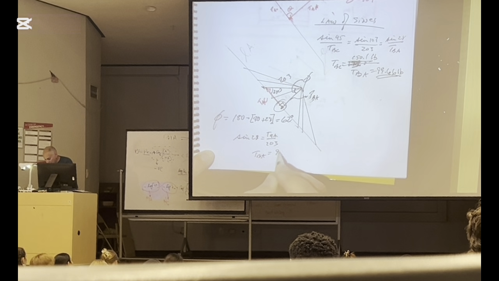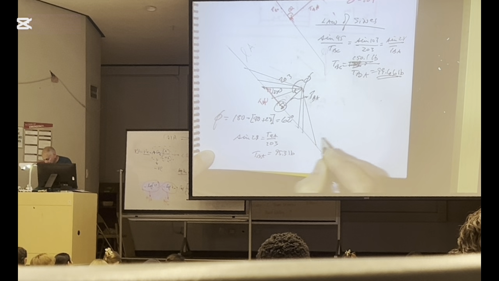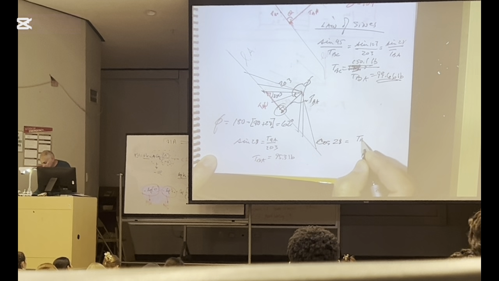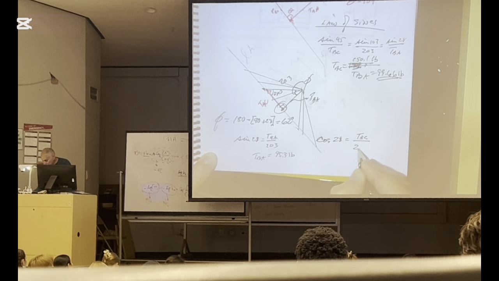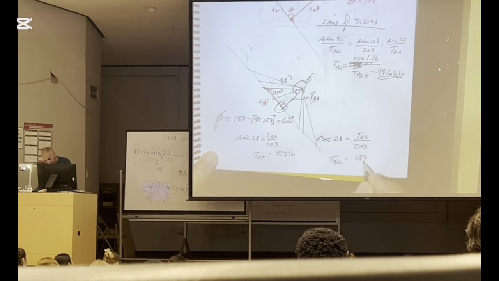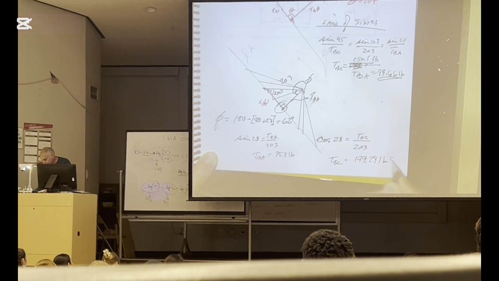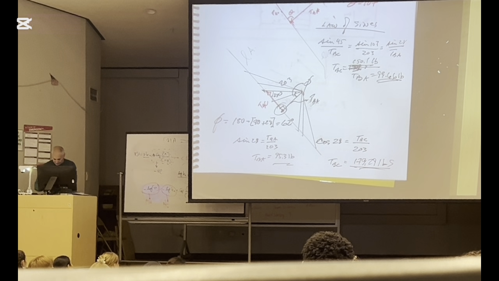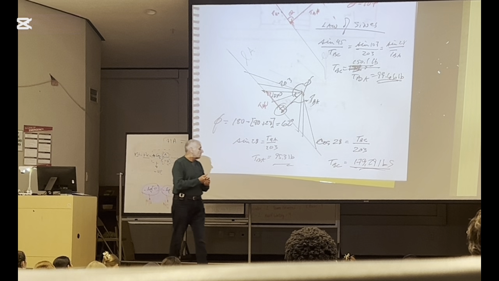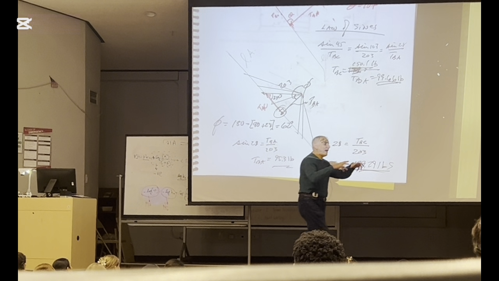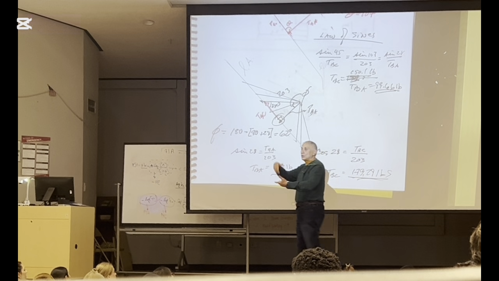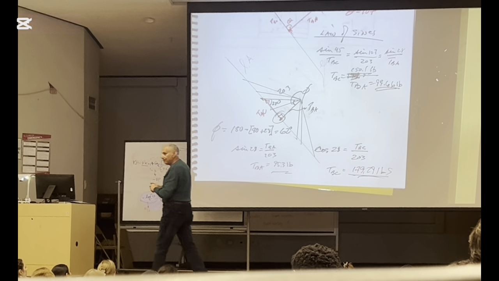TBA is 95.3 pounds. And I can say cosine of 28 is equal to TBC over 203. TBC is equal to 179.29 pounds. Yes? Who's not with me? That's the graphical way to find the min. Down the road when we do compounds, I'll show you the derivative way to do min.